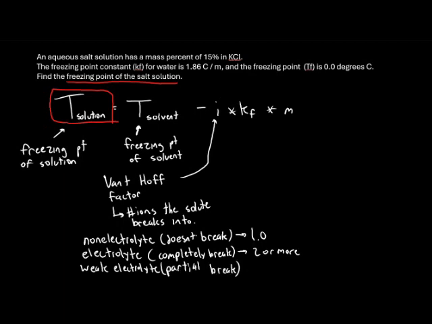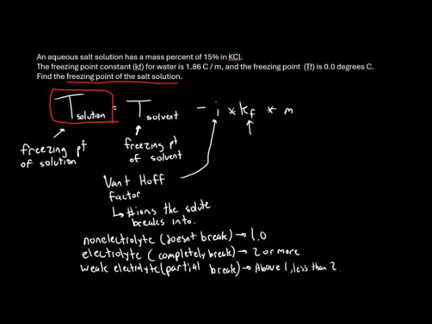Weak electrolytes will have a Van't Hoff factor just a little bit above 1, but will not quite be strong enough to reach 2. We'll go over how to find that for this particular problem in a moment. Before we do that, let's quickly review the other symbols.